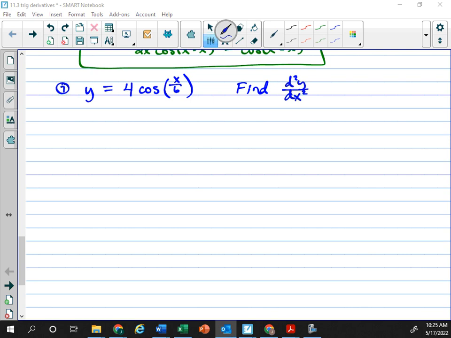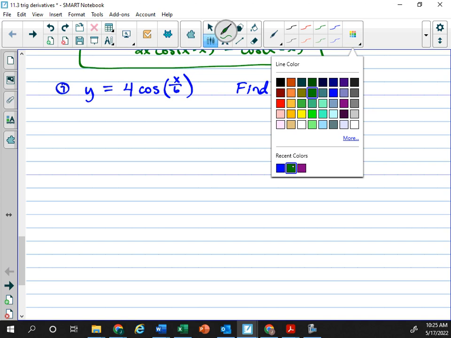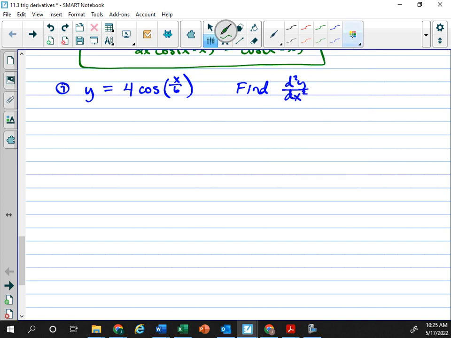Guys, I'm going to work down just to the first derivative to make sure you guys are okay there. So if you have that wrong, the second derivative probably isn't going to go real well. Did you guys get negative 2/3 sine of x over 6 for your first derivative? Okay.